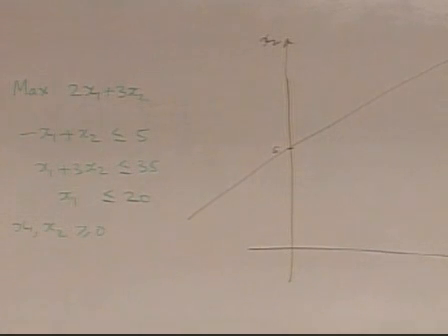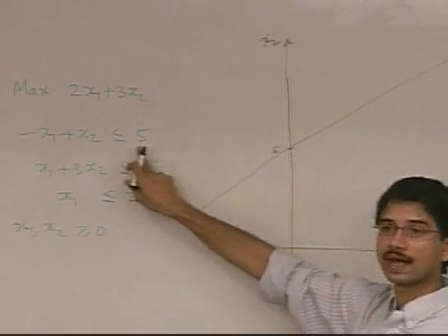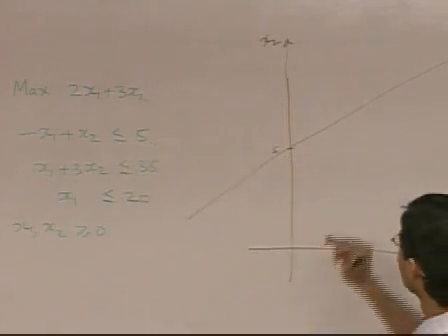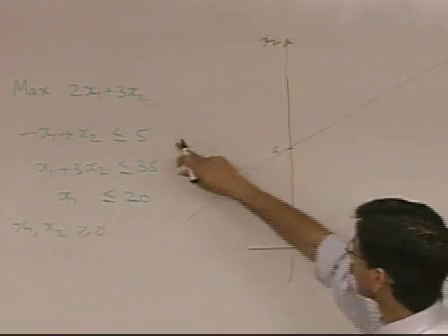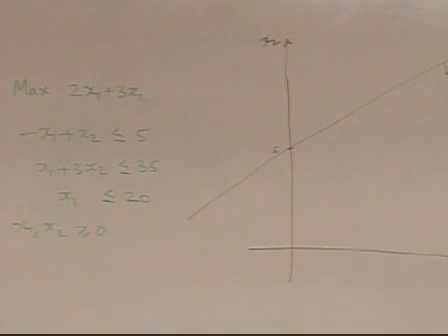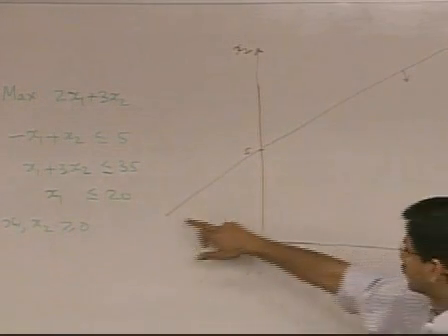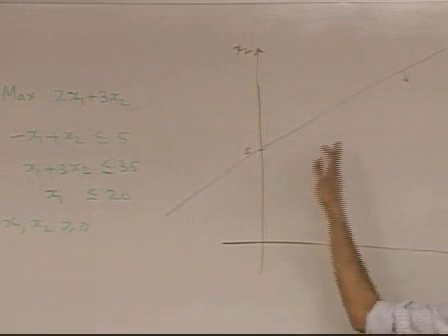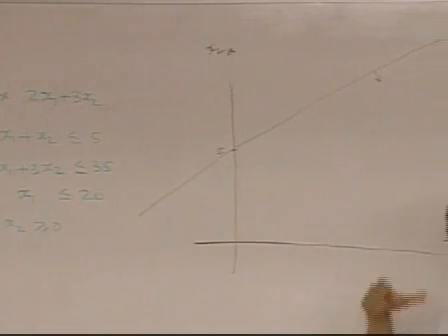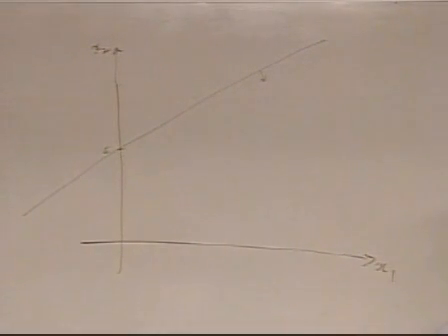On one side of the line you'll have the inequality this way, and on the other side you'll have the inequality that way. It's easy to check that all the x1, x2 satisfying this constraint lie on this side of the line. Some general terminology: this is a line in two-dimensional space, and in n dimensions, when you plot an equation like this, you get what is called a hyperplane.